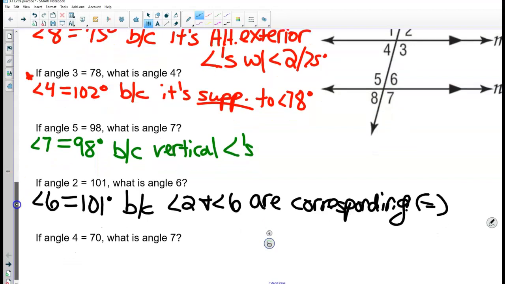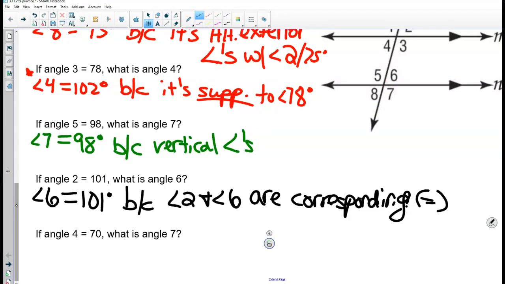We have angle 4 is 70. So I'm going to put that 70 in there. What is angle 7? So what I'm going to do here is highlight my parallel lines so I can first look to see if there's anything there.